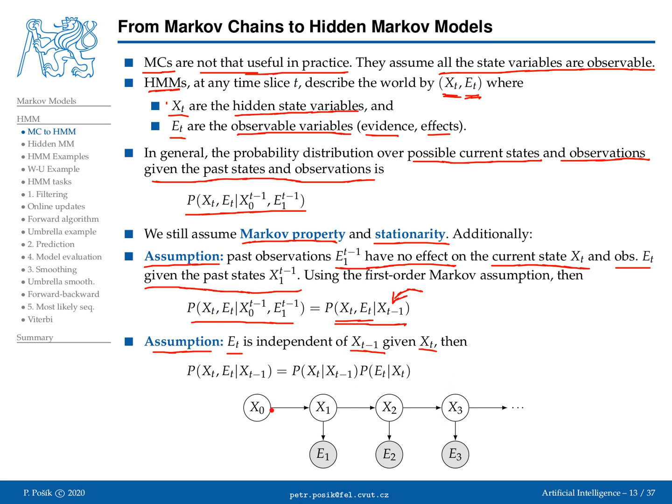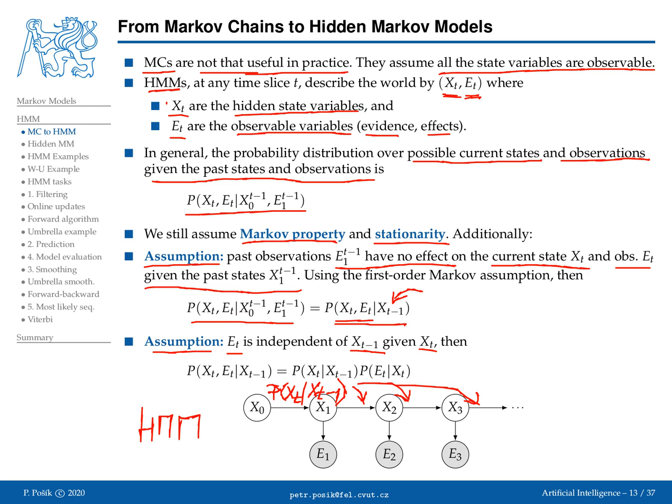And together this gives us the structure that we will use for our hidden Markov models, where these transitions are the transition model. They are described by the probability of Xt given Xt minus 1. And this is also here and also here and also here.